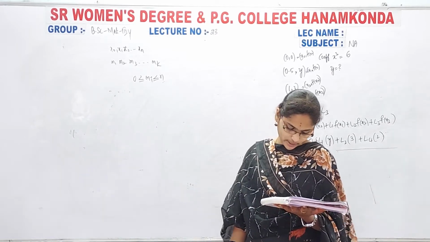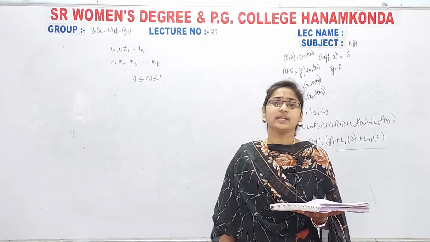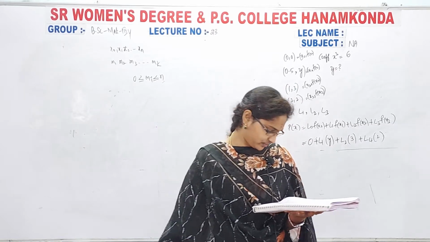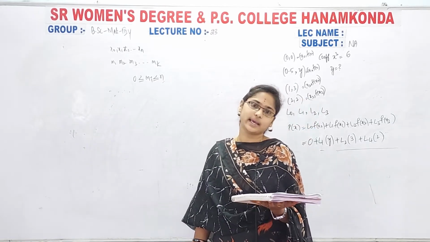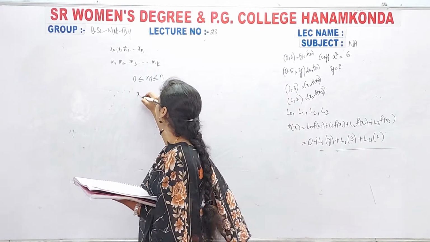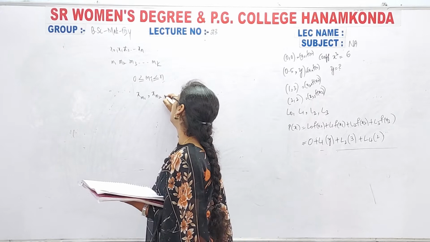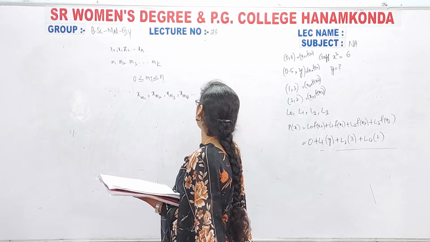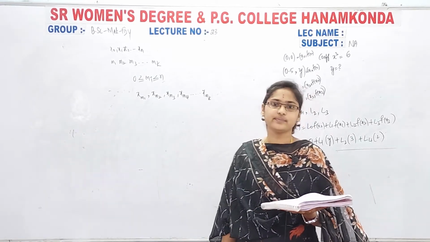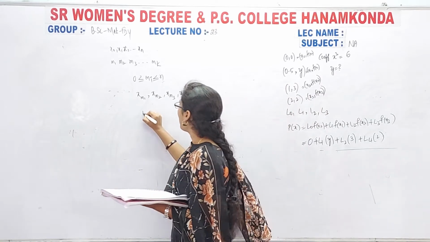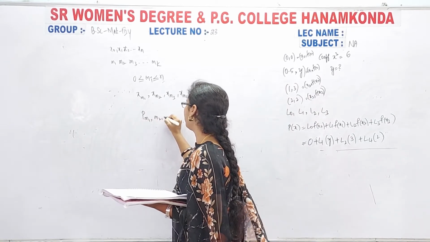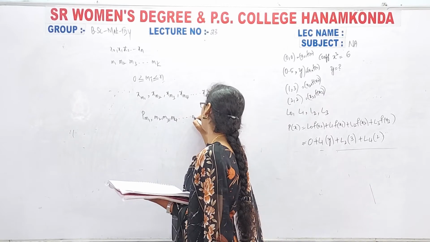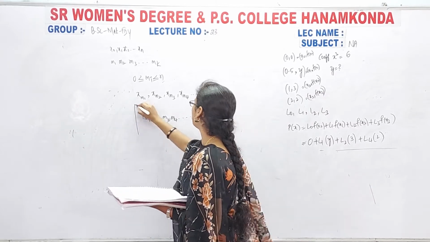The Lagrange polynomial that agrees with f of x at the k points xm1, xm2, xm3, xm4 and so on up to xmk is denoted as P m1, m2, m3, m4 and so on mk of x. So you have to remember this one.